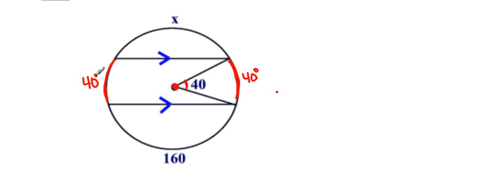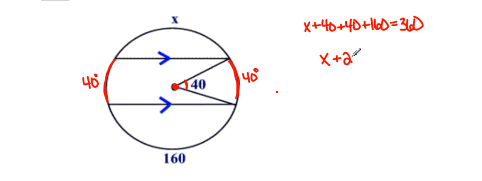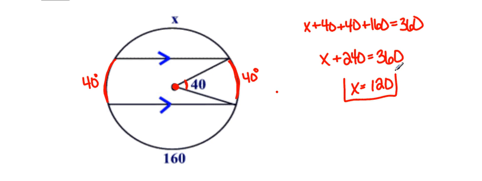And now I've put myself in a very nice position where I can just again sum these all together and set that sum equal to 360. So if I clean up the left-hand side by combining the like terms, I end up with 240. So the value of x, therefore, must be equal to 120.